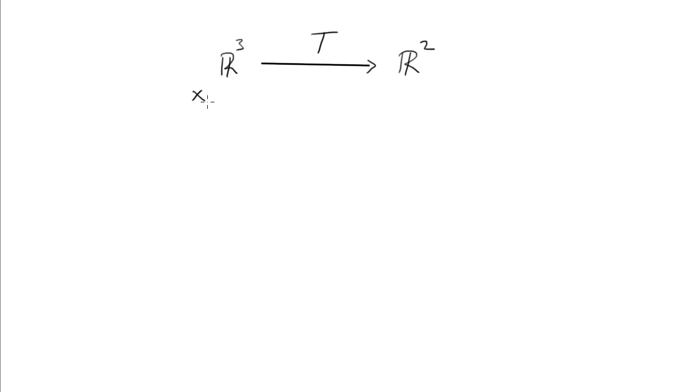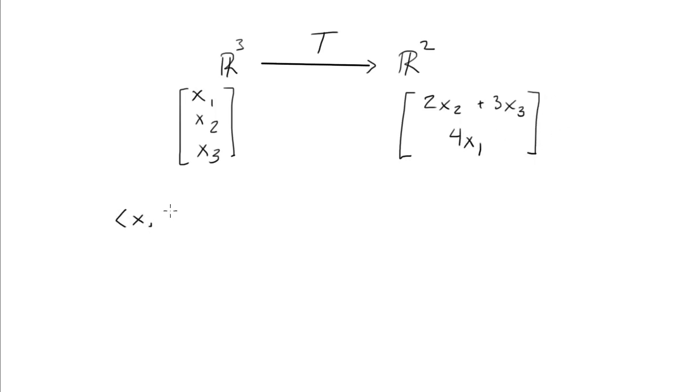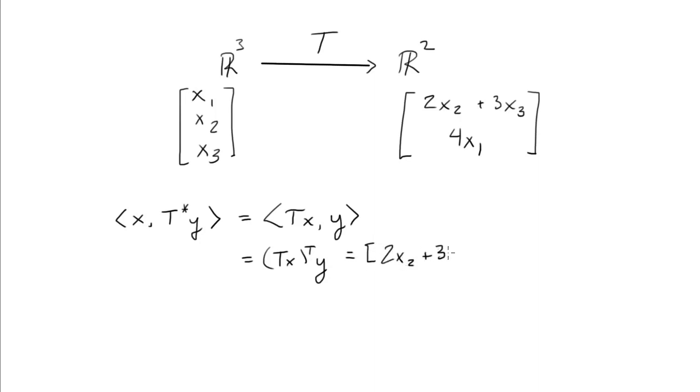I've got a 3 vector that's being mapped to a 2 vector. I look at the inner product, the definition of the adjoint, move it over to the other side, and compute. For the inner product, I'll just use the standard real inner product, y transpose x. Multiply out.